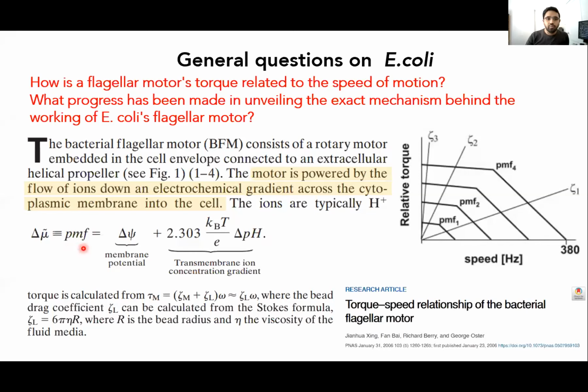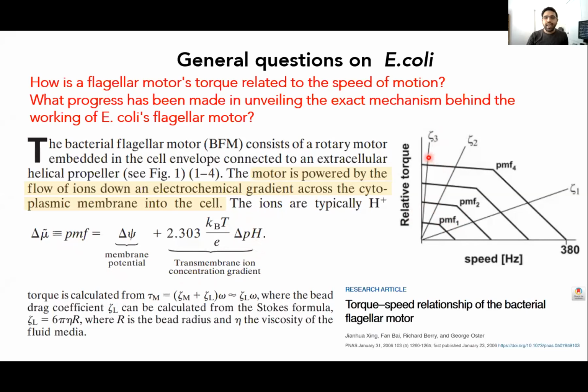So it depends on the proton motive force, which is basically a sum of the membrane potential, between the inner side of the membrane and the outer side, and the transmembrane ion concentration gradient, which you control by changing the pH.